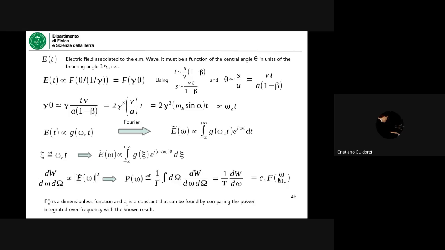So f is a dimensionless function, and c1 is a constant that normalizes the total power emitted. The point I wanted to make, and that's exactly our result, is how the spectrum, the energy distributed over frequency, depends on frequency. And we see that it depends through this ratio. So if you change omega c, provided that you look at the value of omega giving you the same ratio, the power will be the same.